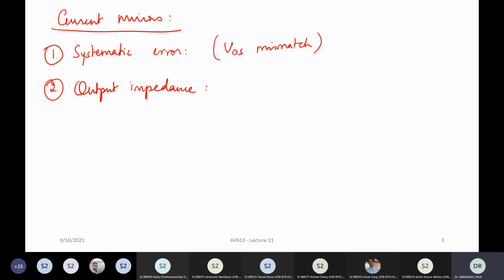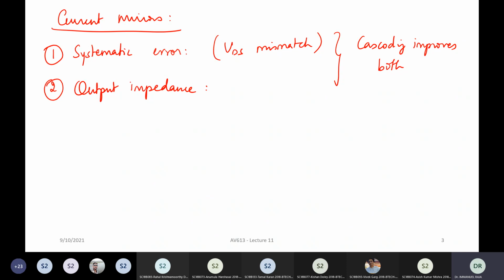We saw how cascoding improves both of them. When you have some small signal variation at the terminal of your current source, having a higher output impedance makes sure that the current remains quite rigid and fixed. And also when you do cascoding, the systematic error gets minimized.